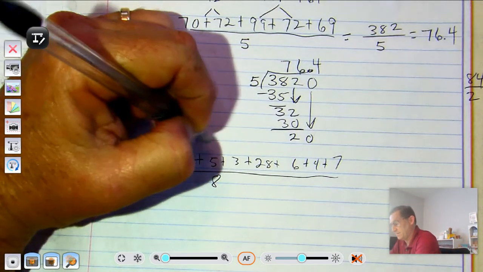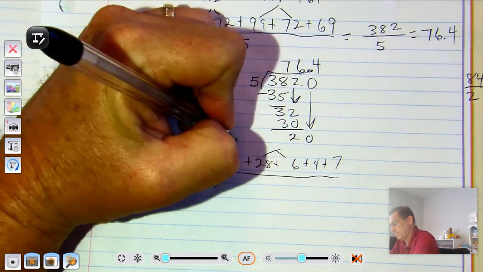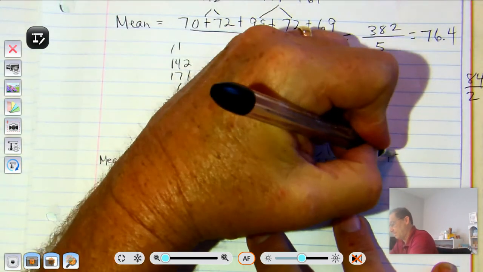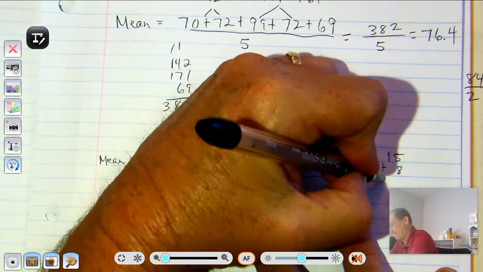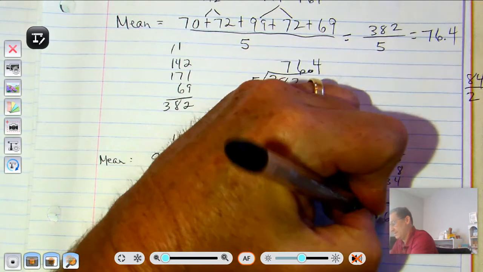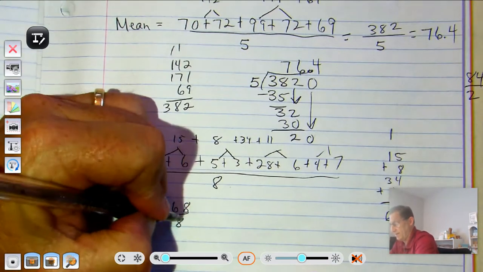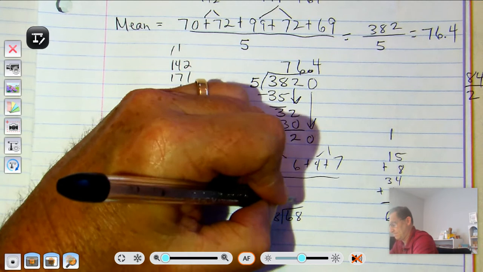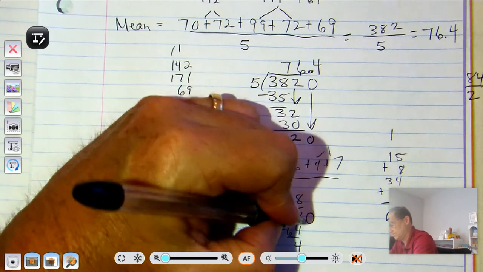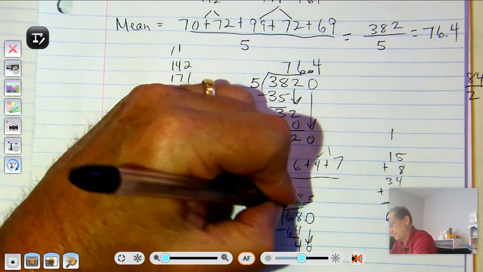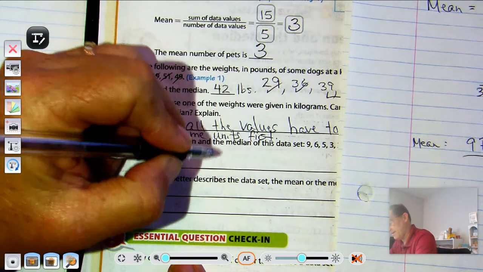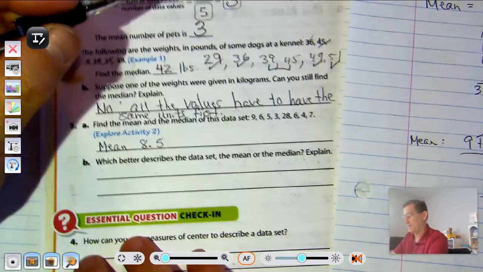So 15 plus 8 plus 34 plus 11. 68 divided by 8. Eight and a half. So the mean of our data set is 8.5.